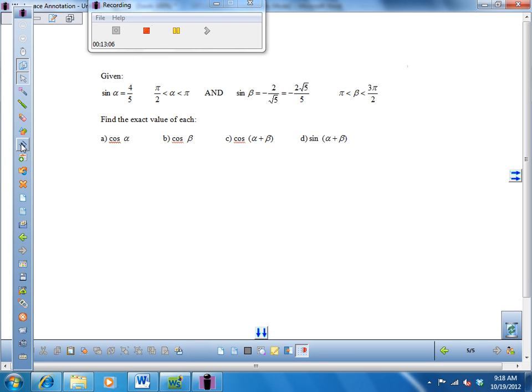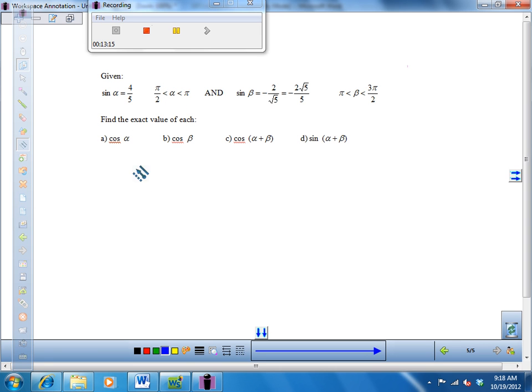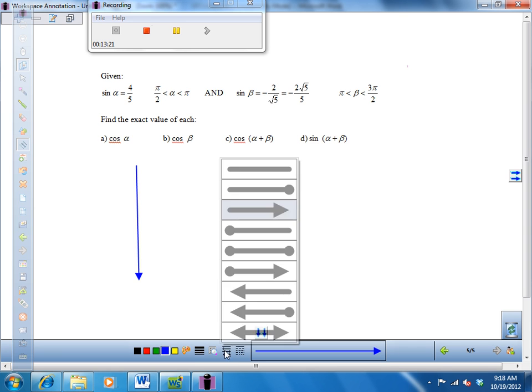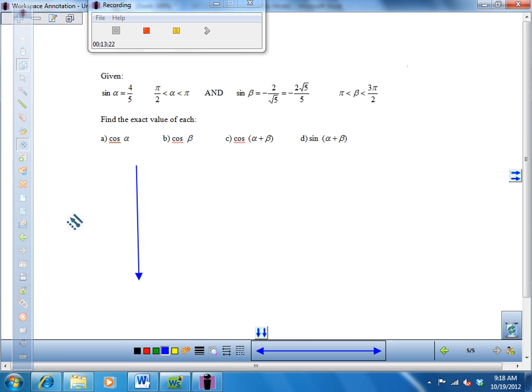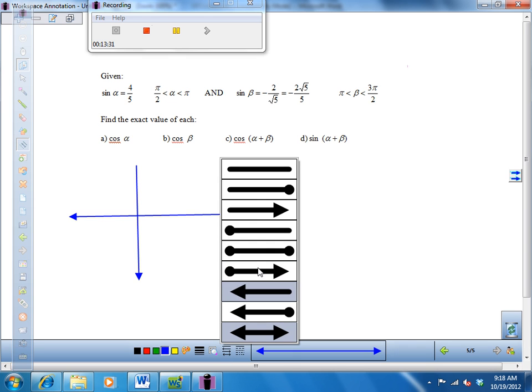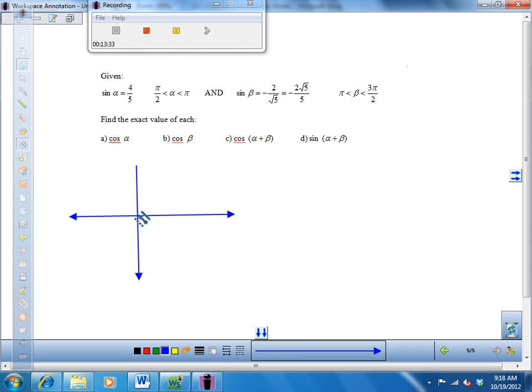For ones like this, you have two different angles. You have sine of alpha is 4/5, and alpha is between pi over 2 and pi. So where is this angle? Which quadrant? Right, thank you, Molly. It's in the second quadrant.